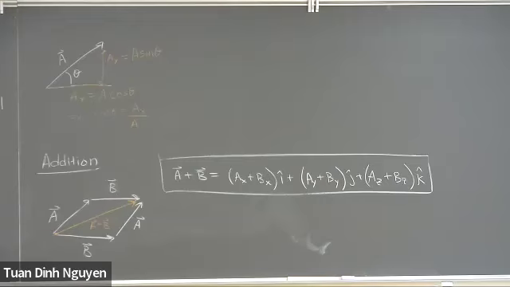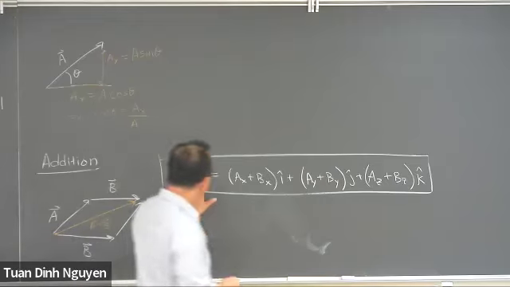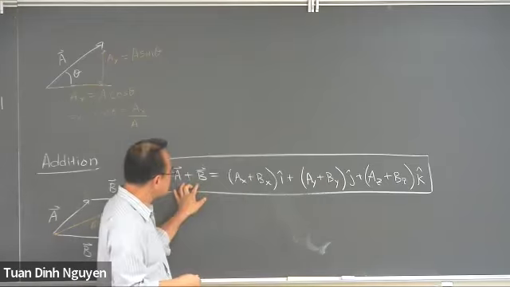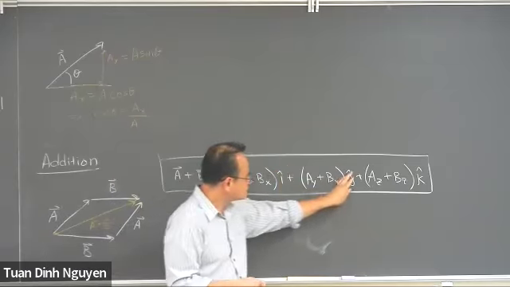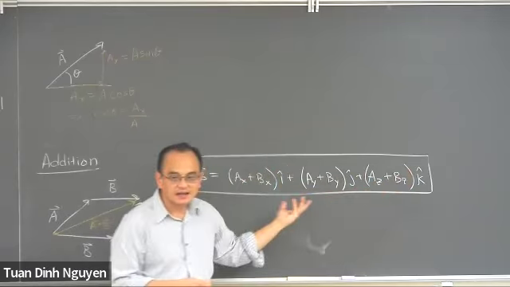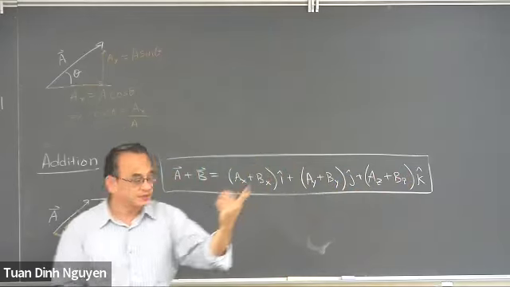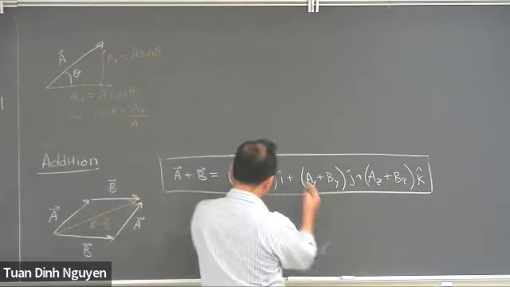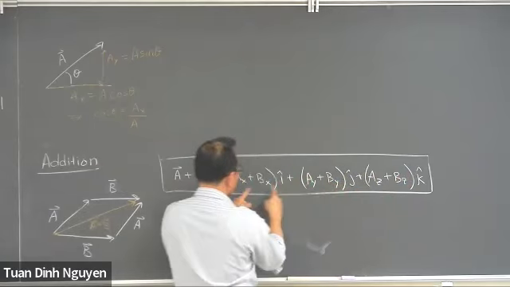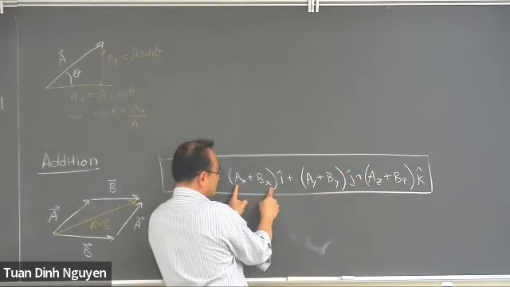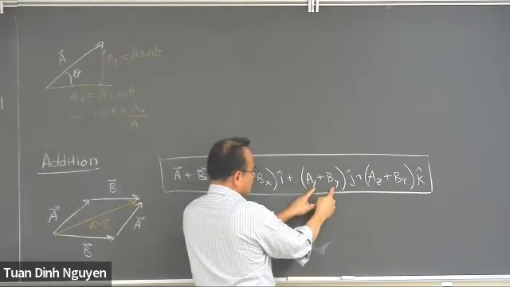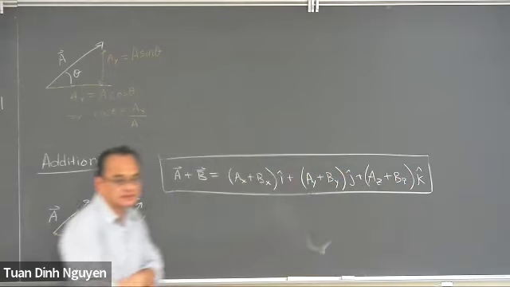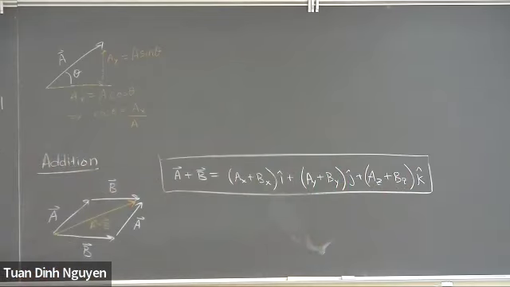I think the biggest mistake students make when they add these two vectors is they forget about these i's, j's, and k's, and they just add them all up and get one number. These things are like placeholders. They keep things in order, right? Only the x components can add. Only the y components can. Only the z can. Any questions?